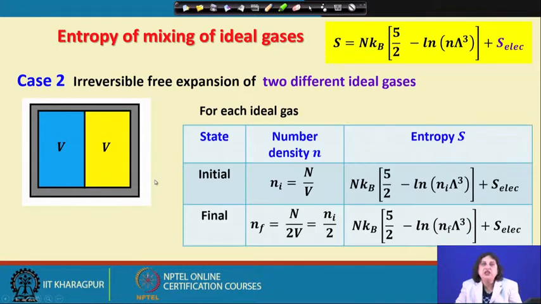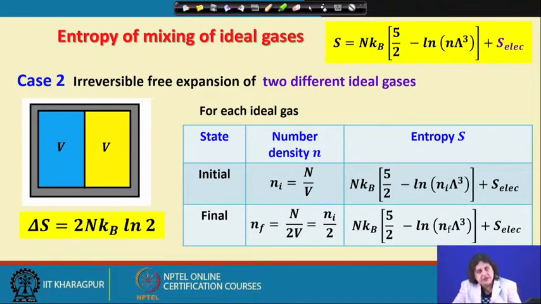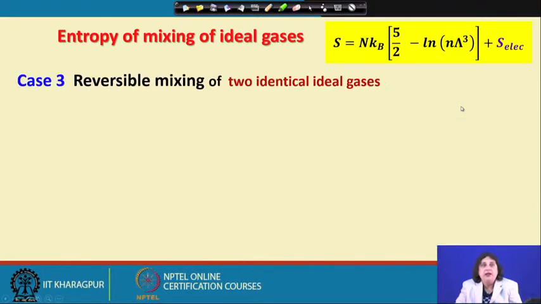And therefore, for each ideal gas, I can once again repeat the same argument, and I should be able to say that here the change in entropy is going to be positive, and it is going to be twice the amount of what we have seen from case 1, and that is correctly predicted by the Sackur-Tetrode equation.